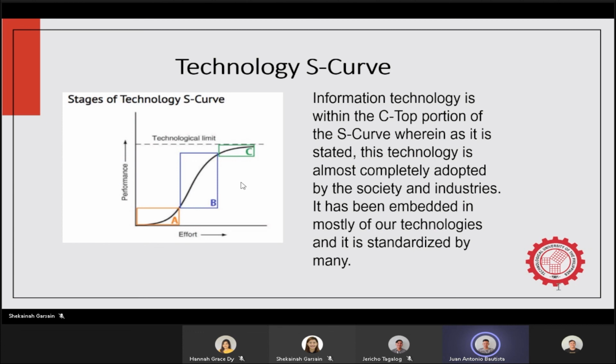So, yung ganong type ng information technology, adopted na ng karamihan sa society natin ngayon. Manufacturing, business side, and pati yung sa entertainment side ng society natin. Mostly yan within information technology na. So that places information technology sa top portion ng S-curve. Yun lang.